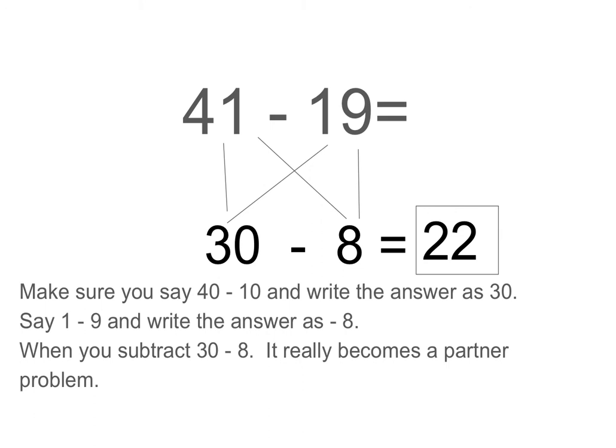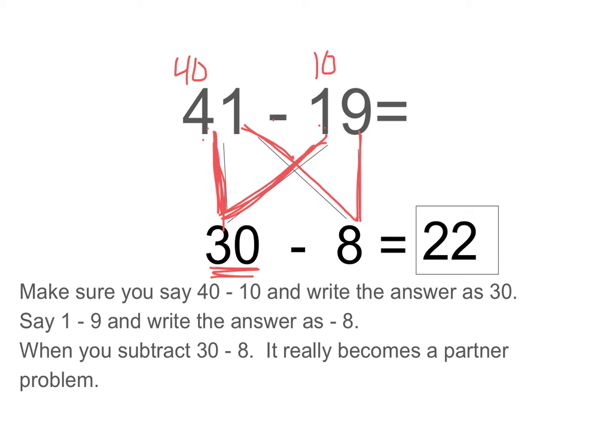41 minus 19. So we'll subtract our tens. Make sure you call this a 40 minus the 10. Make sure you call that a 10. Remember, that's why we practiced our expanded form. So you'd know that's a 40 and you'd know that's a 10. So 40 subtract 10 equals 30. Now we'll subtract our ones column. 1 minus 9.